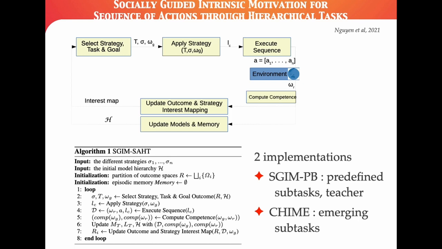It can also use a teacher to help, so it can request demonstrations from teachers. In the second implementation, which is called CHIME, we consider that we have different tasks and different observations, but no subtasks have been predefined. So the learner has to discover both the emerging subtasks and also how they are linked together.